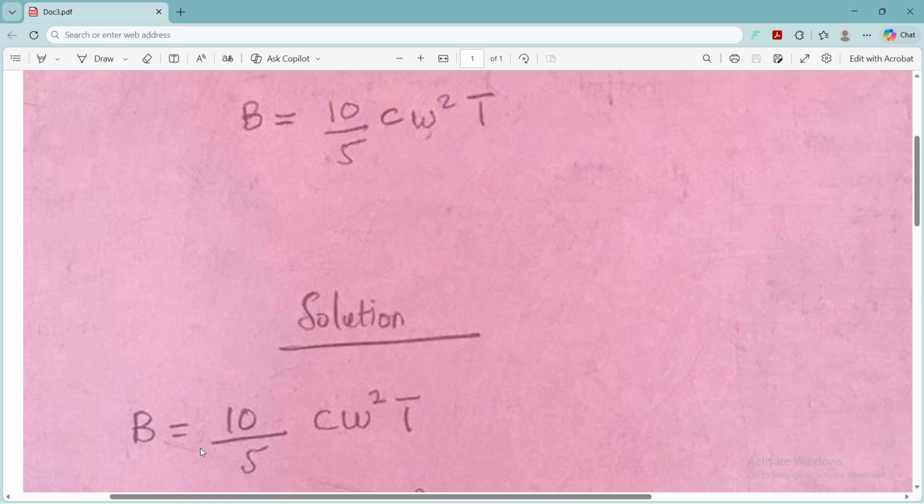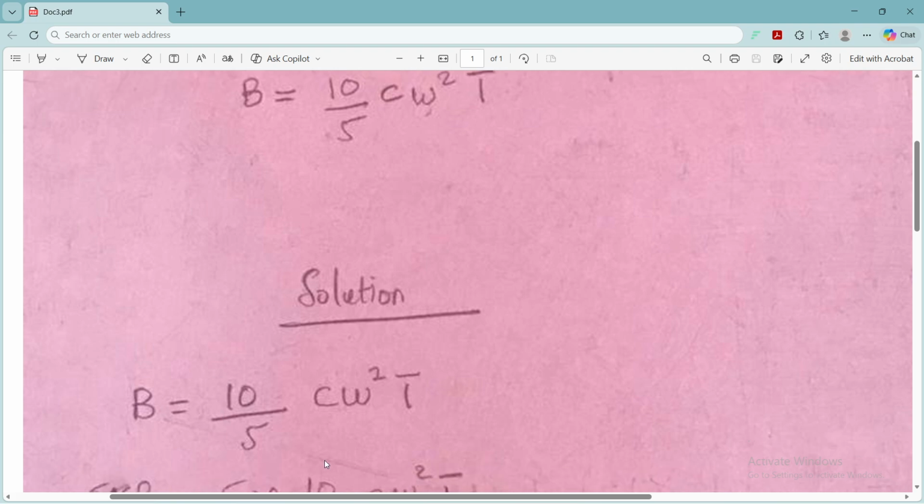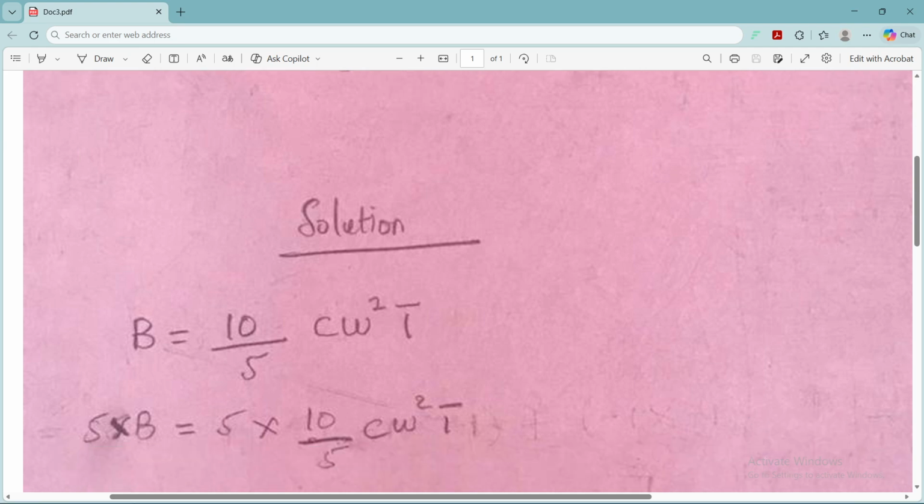In a similar trajectory, we also multiply by b, which is an independent variable on the left hand side of the equation. So 5 multiplying b equals 5 multiplying the fraction 10 divided by 5cw squared t.